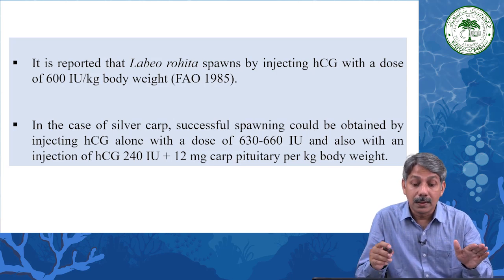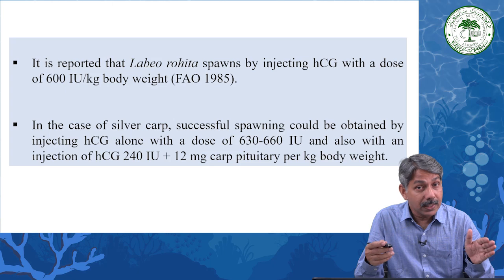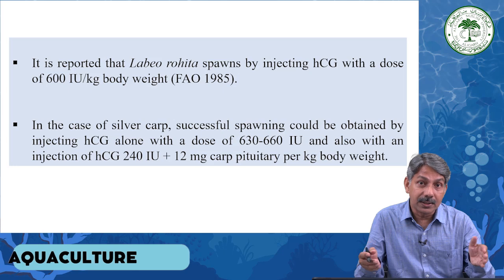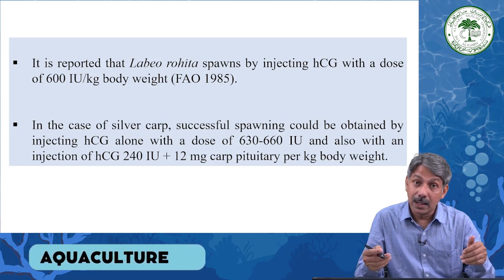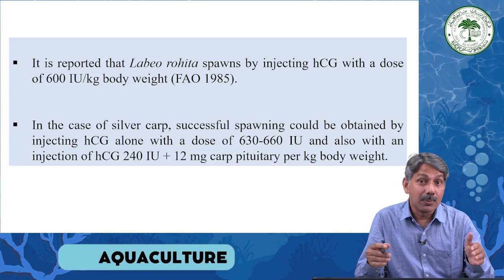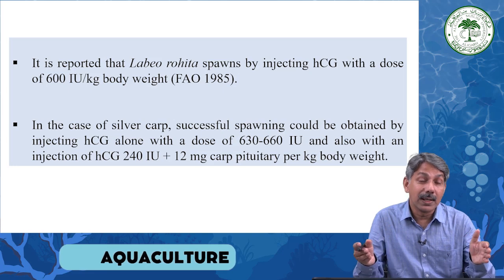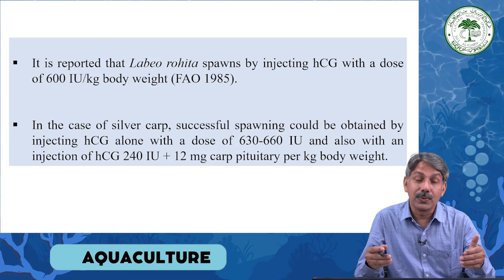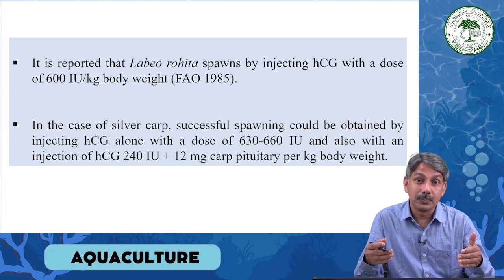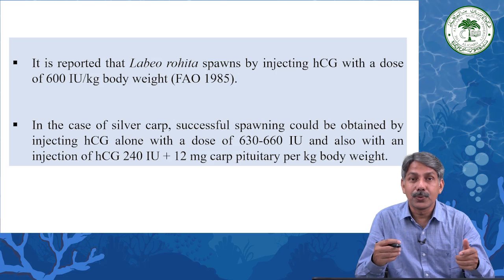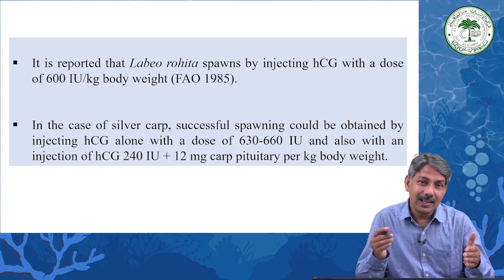And if the environmental and climatic conditions on that particular day are not suitable, not simulating the kind of environment that this fish needs for breeding, that this fish will take as cues from the environment, then again you will have to go for a little higher dosage.